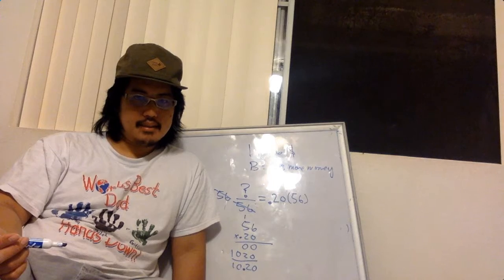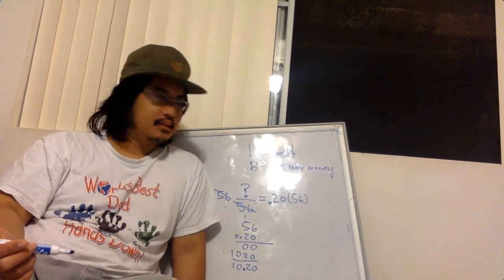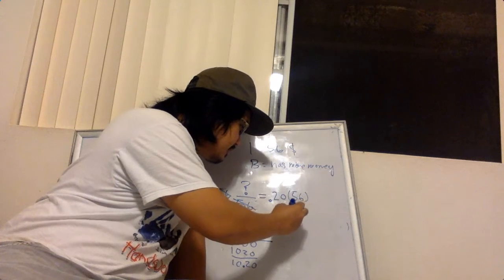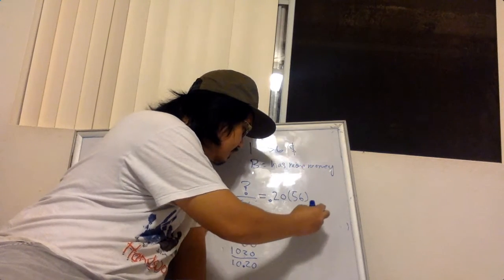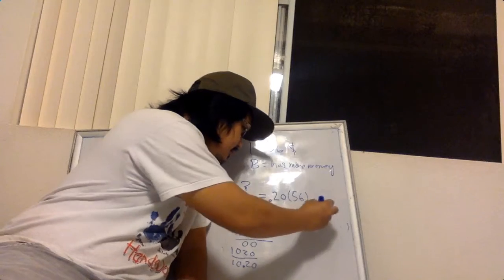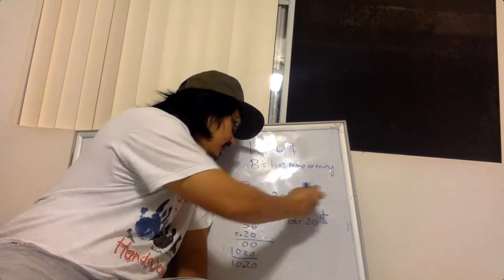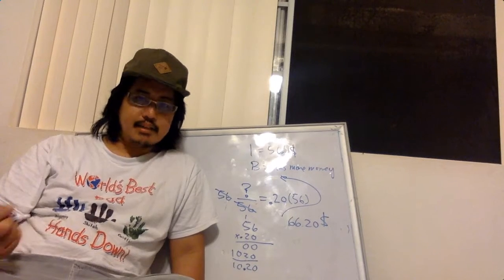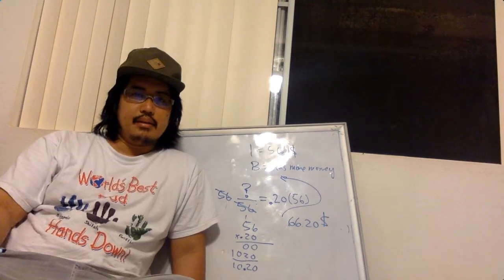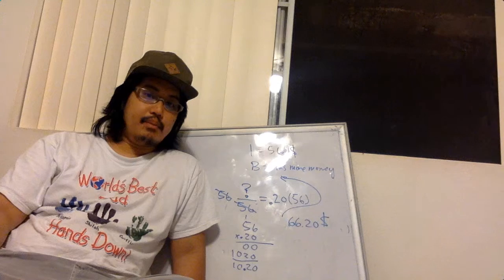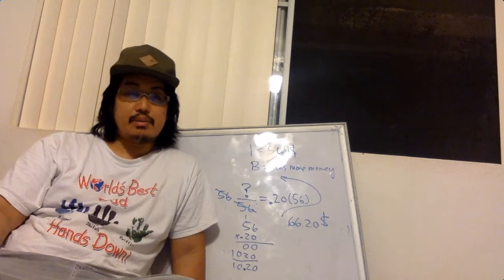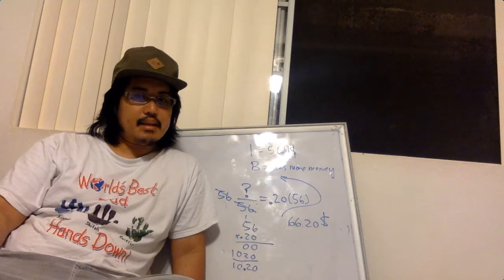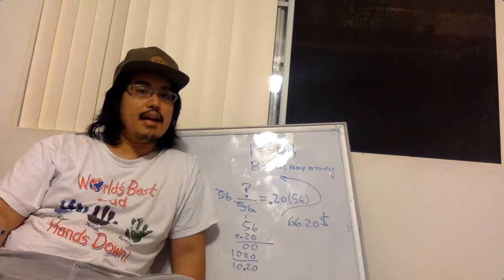Does that make sense? So Brandon has $66.20. And that's why I made it a point to say, remember that Brandon has more money. Because a lot of people would just write down $10.20. And that doesn't make any sense at all, because Brandon has more money.